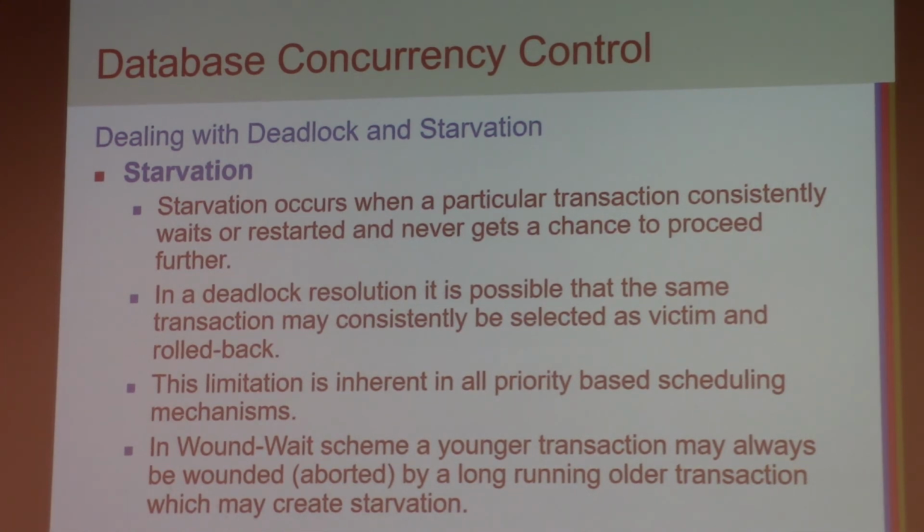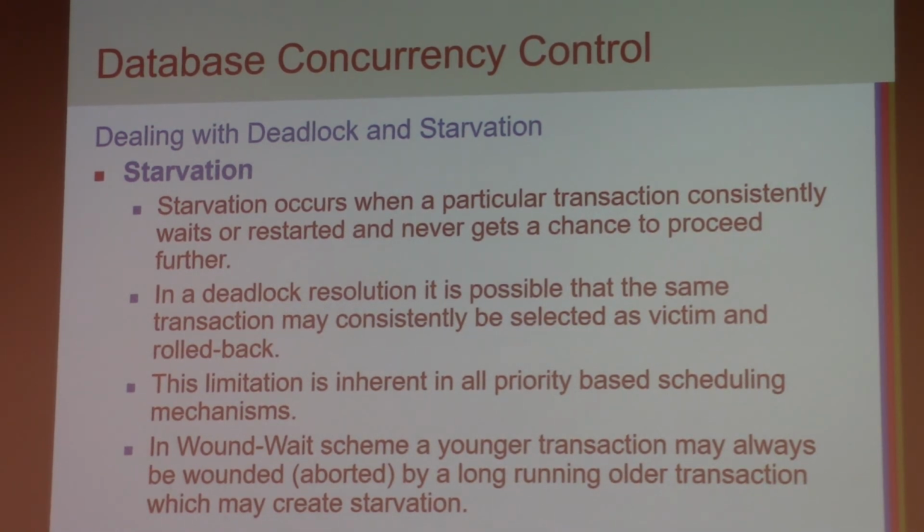For example, a new transaction starts, but conflicts and dies, a new transaction starts, dies. That is starvation. So you need to think about addressing the starvation in the wound-wait or wait-die algorithm.